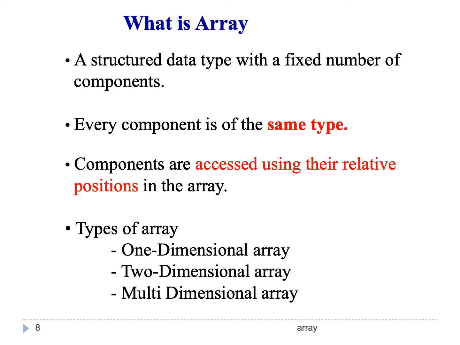In two-dimensional array, we have rows and columns, or in graphs, the x and y axis. In multi-dimensional array, for example with 3 dimensions, in graph we have the x, y, and z axis. It can have more than 3 dimensions. We are going to learn only one-dimensional and two-dimensional array in this subject.